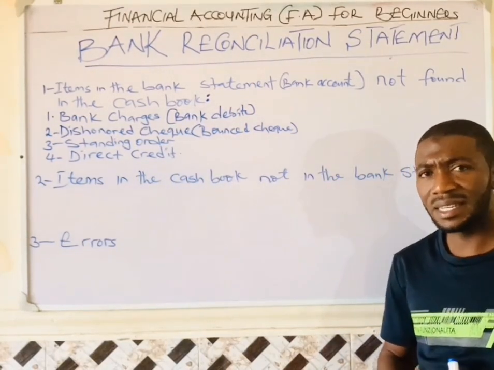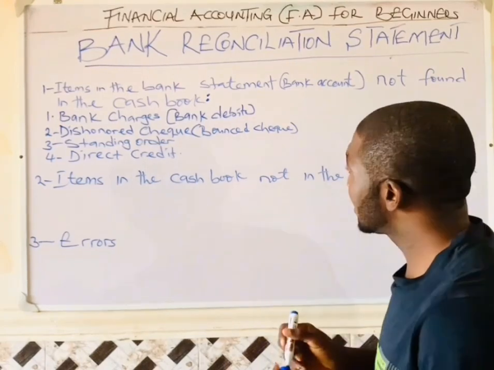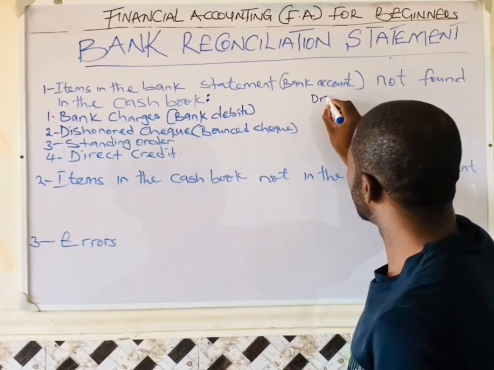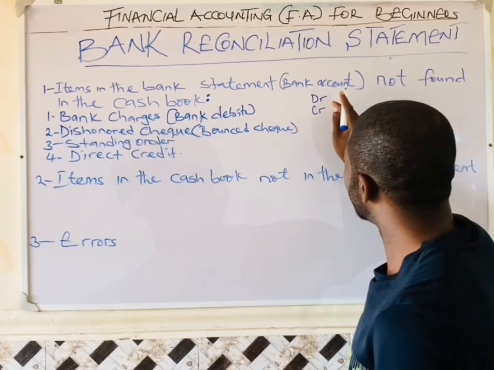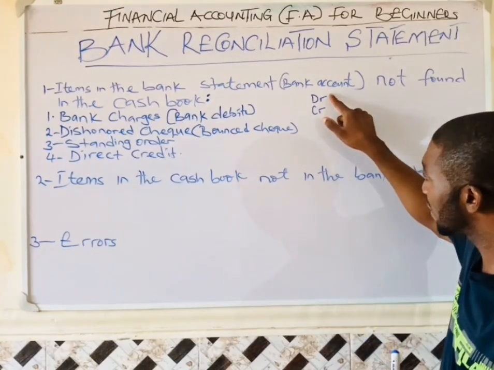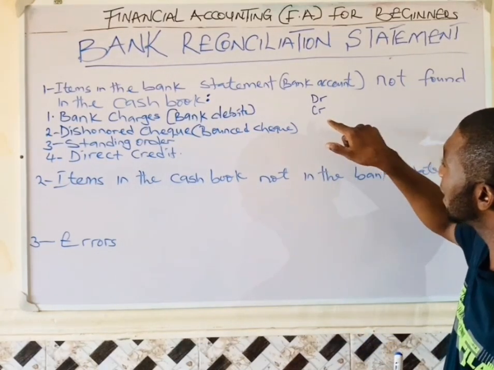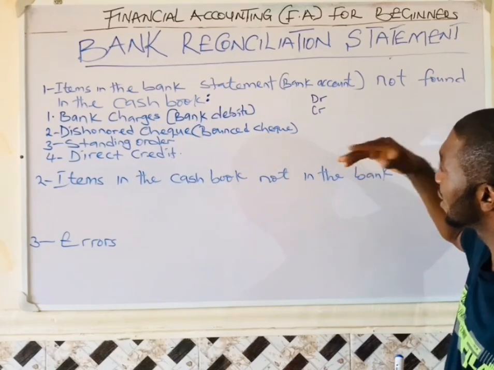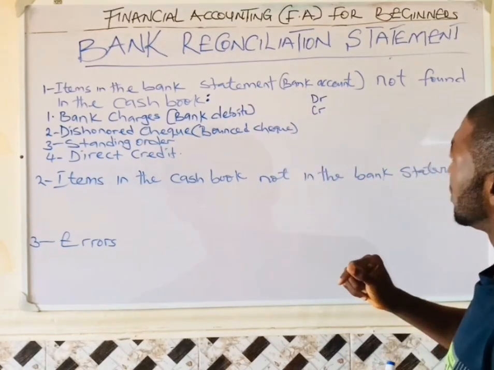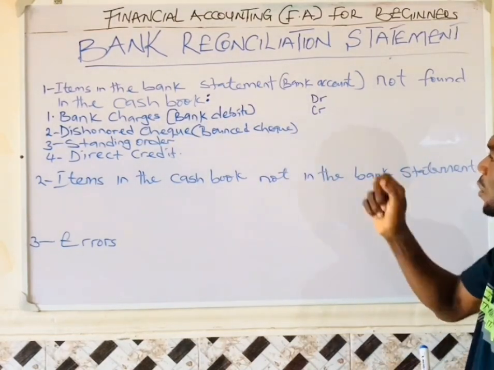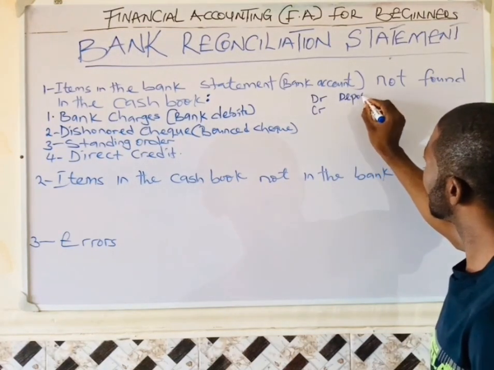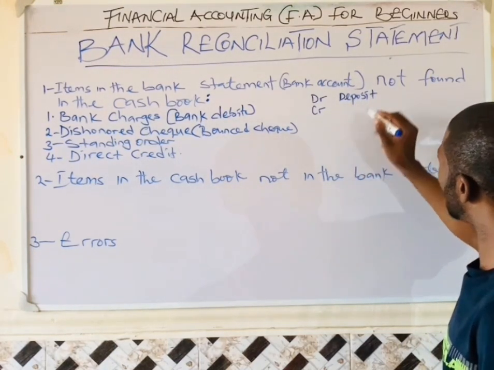Please listen attentively. As an accountant, you're supposed to know that debit, credit, debit in our cash book is received. You debit what you receive, and in our cash book, credit is what is going out. Now, in the bank, many people get confused whenever they deposit money in their account.